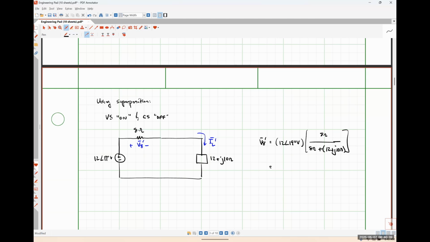And when I do, I got 4.293 with an angle of negative 7.565 degrees volts. Yes. Is your calculator in rectangular form?